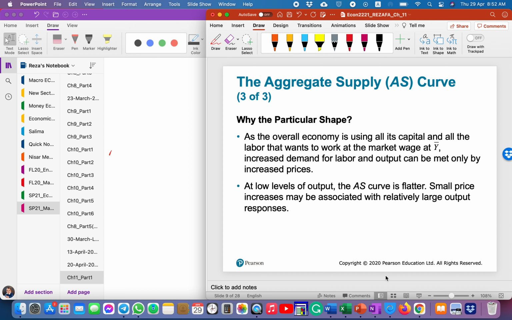And at low output levels the AS curve is flatter, because there is a large army of unemployed people out there, and if the wages are fixed, the firms with even a slight change of the price can hire and make a good profit. That's why it's a more flat, more horizontal shape.